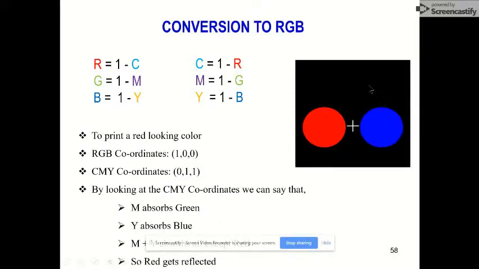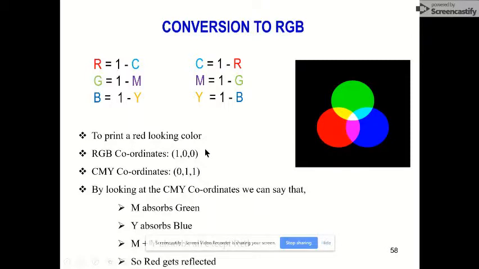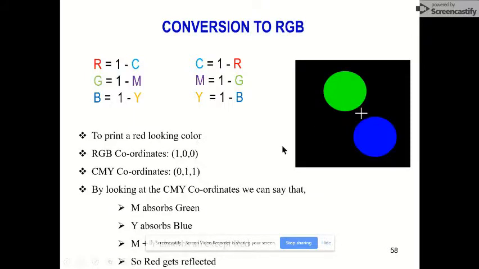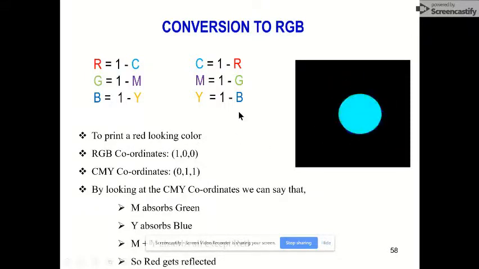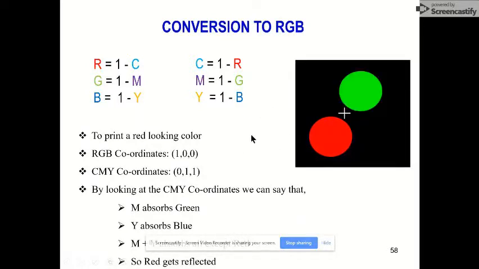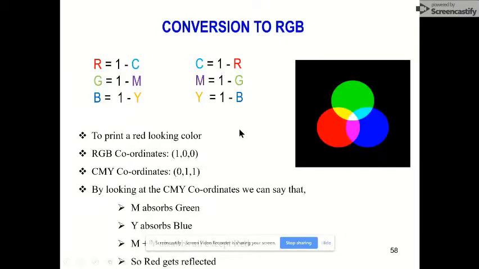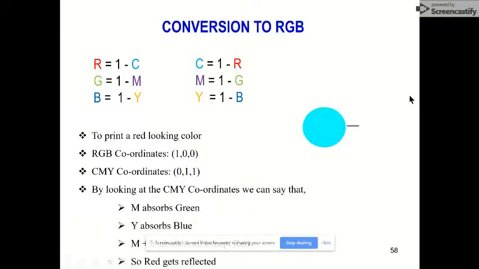So let's talk about the conversion to RGB. In this equation, it is mentioned that red can be obtained by subtracting cyan from 1. In this case, you consider white light to be 1, and you know that the cyan component consists of green and blue. So when you subtract it from the white light, you will get the red. The similar thing holds for everything.